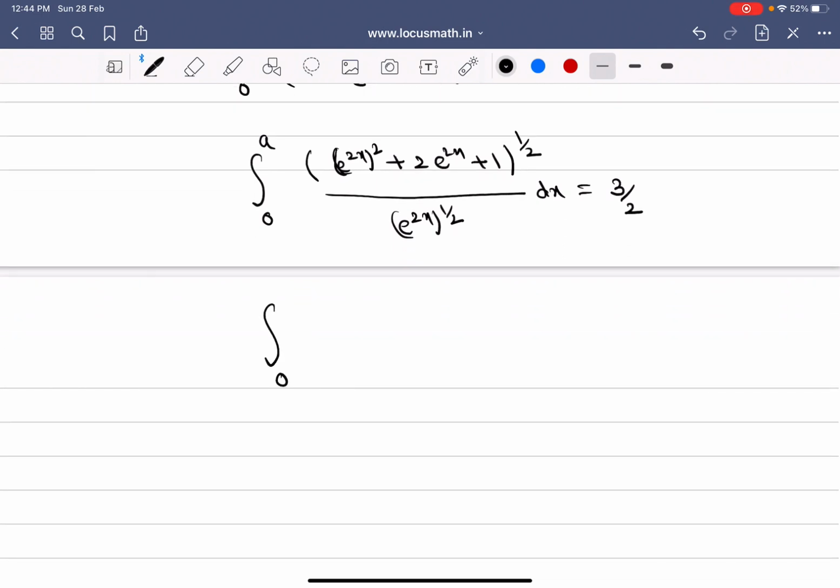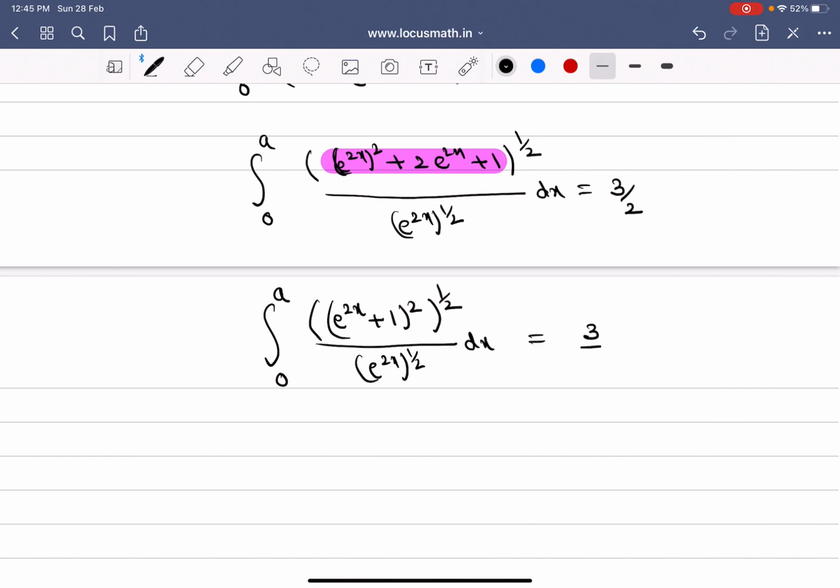So in the numerator, (e^(2x)) whole square plus 2e^(2x) plus 1 is a perfect square, that is (e^(2x) plus 1) whole square power 1 by 2, over e^(2x) power 1 by 2 dx is equal to 3 over 2.